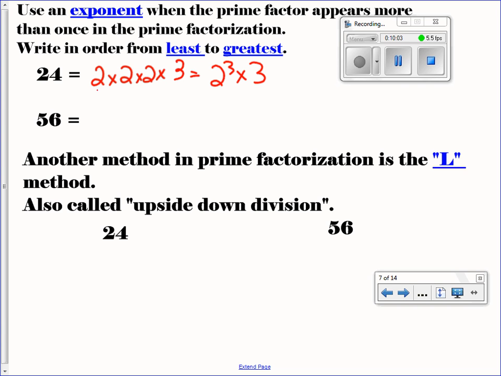We have 3 2s, so that would be 2 to the third times 3. In 56, we had 2 times 2 times 2, 3 2s, times 7, so that would be 2 to the third power times 7. So when you are writing your prime factorization from your trees, you go from least to greatest.